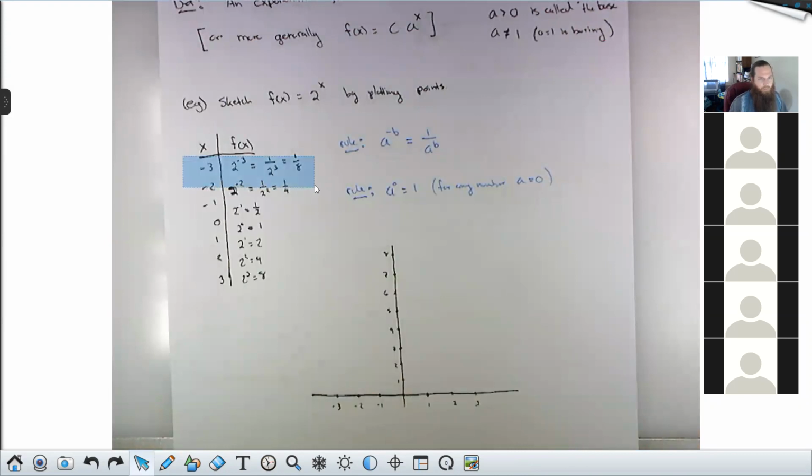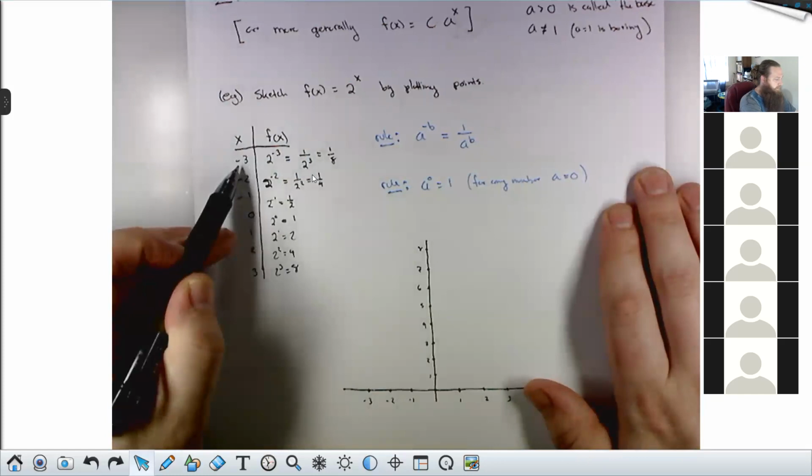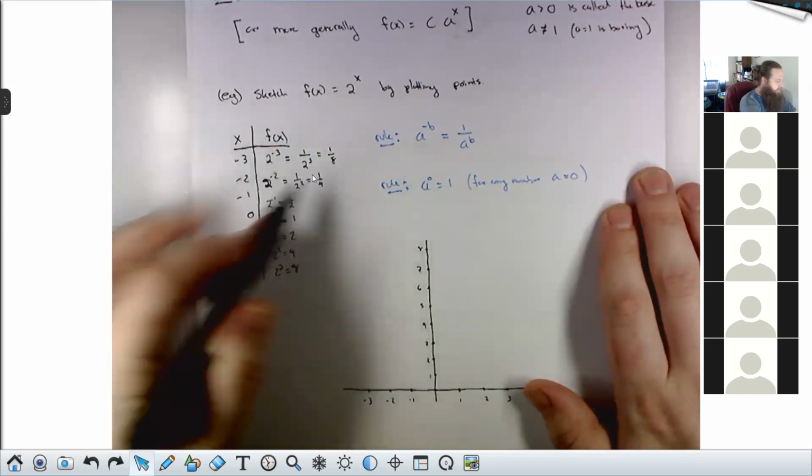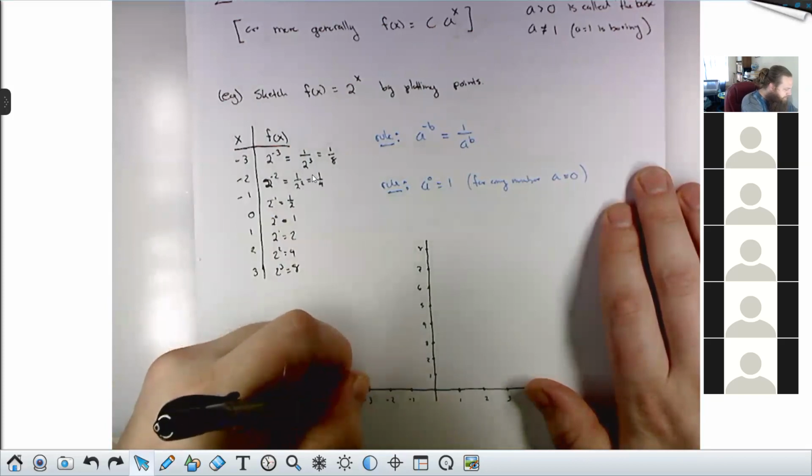Let's start plotting them. So this tells me that -3, 1/8 is on my graph. So when x is equal to -3, f of x is equal to positive 1/8. Positive 1/8, very, very small. Something like this.